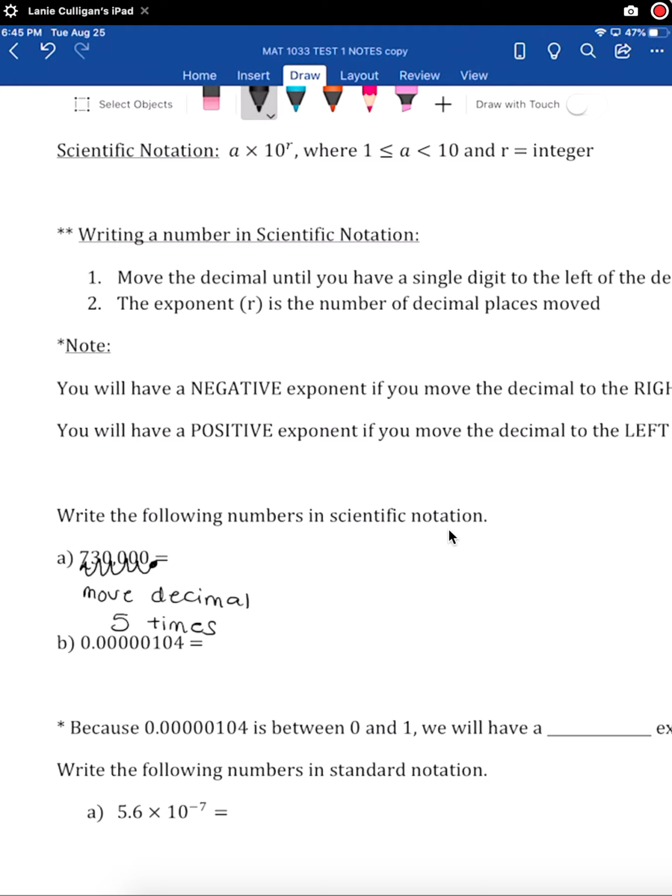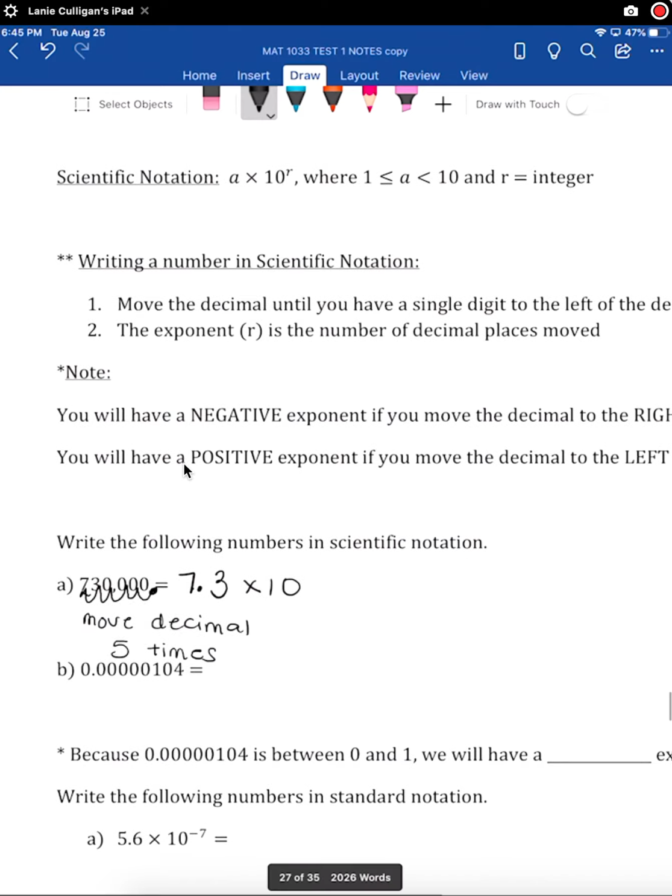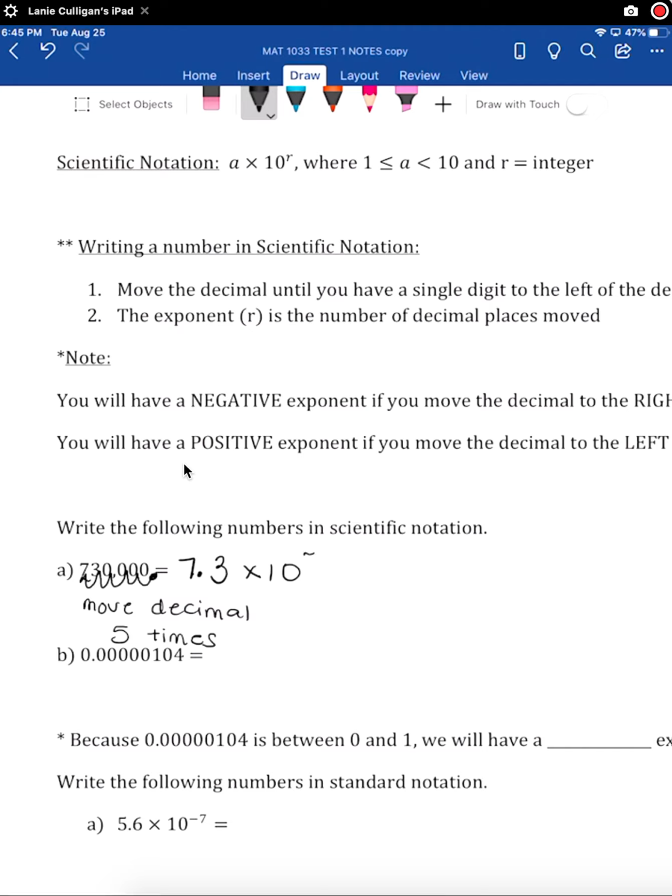Notice I stop so that it's 7.3, a number between 1 and 10. I want there to be only one digit to the left of the decimal. So it's always times 10, and then however many times I move the decimal. In this case, I moved my decimal 5 times. This is a really big number, so the exponent is going to be positive 5. And that's my final answer, 7.3 times 10 to the 5th power.